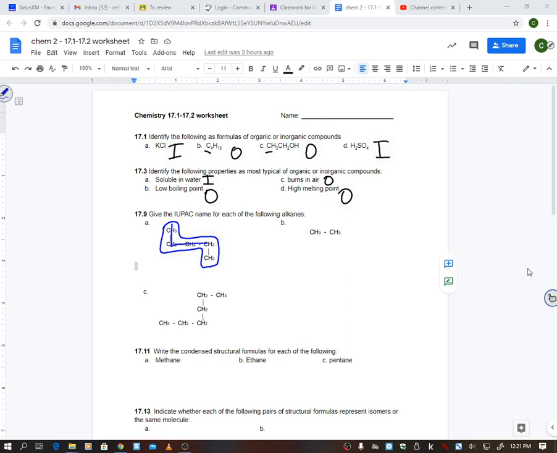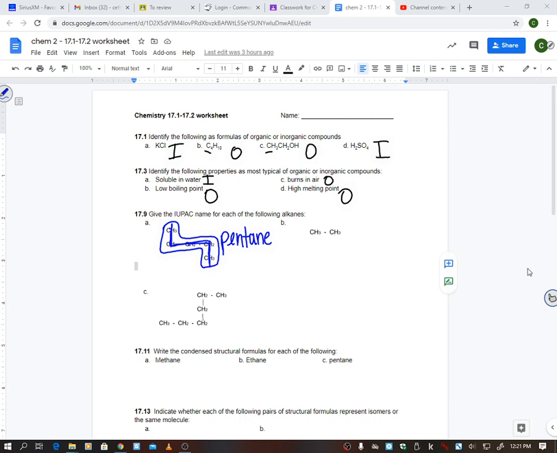I've had people in the past who did this and said it's 4, but that's not the case. I'm getting my longest chain without picking my pencil up, and there are 1, 2, 3, 4, 5. So even though it's all bent, this is just pentane.